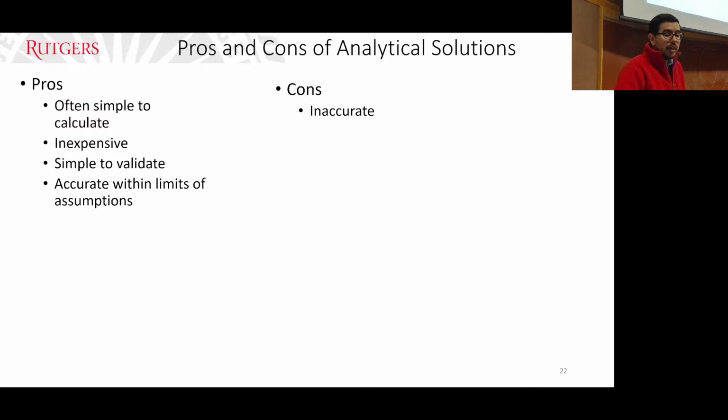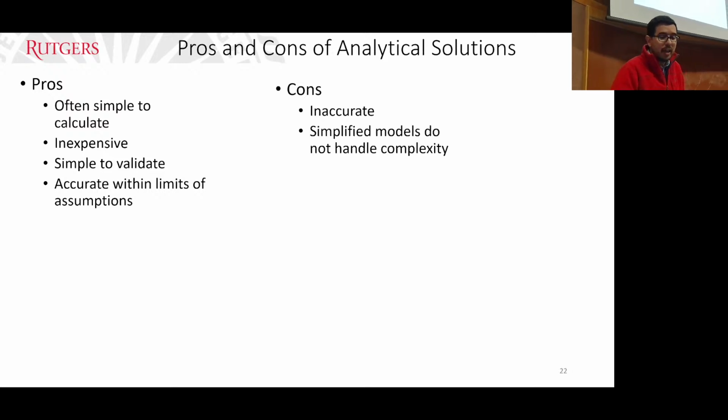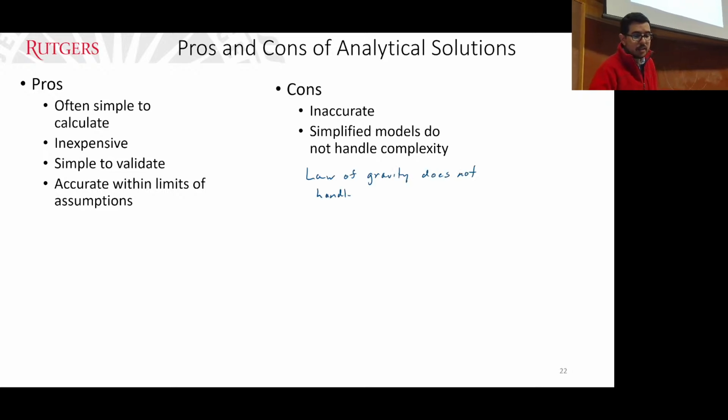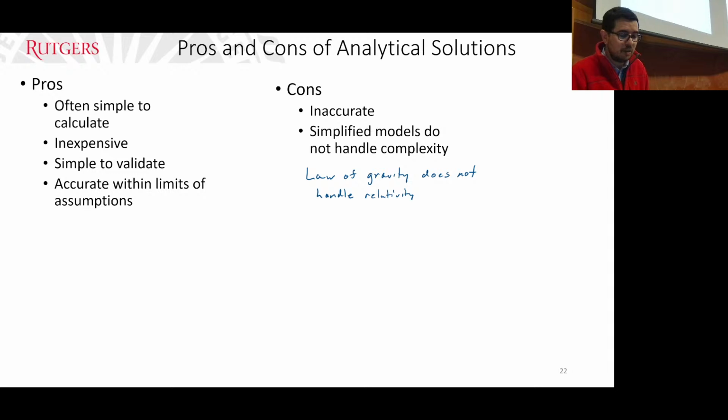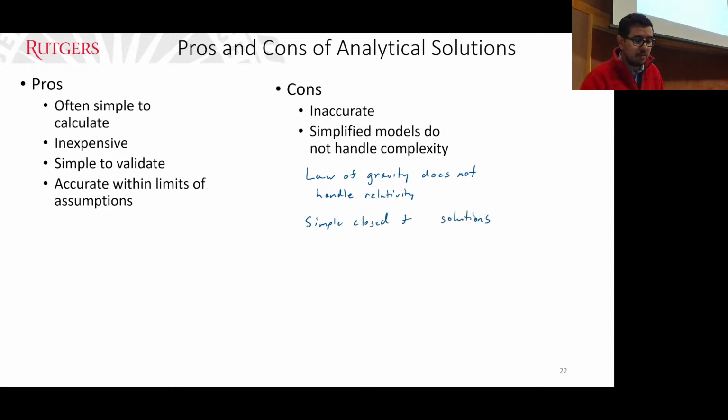Cons are it could be inaccurate, and sometimes they do not handle the complexity of the real world, and the laws of gravity, for example, do not handle relativity, right? But as long as you're not going too close to the speed of light, although satellites, right, and the timing that's required there, again, within some bounds, you're going to be able to describe most of the things that we're considering.